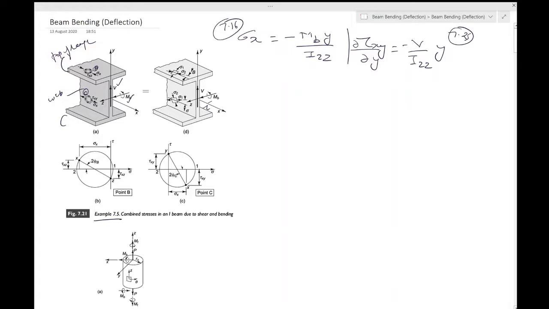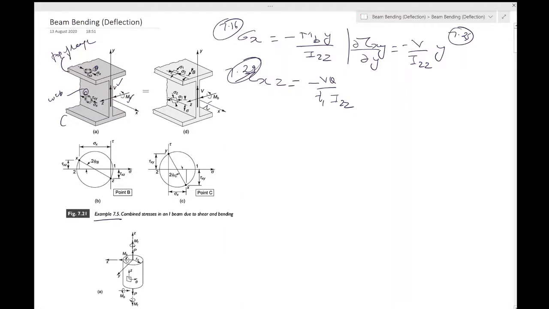And the magnitude of tau xz, for this I-shaped beam, is given by minus VQ by t1 Izz. So this is tau xz and this is because of 7.29.